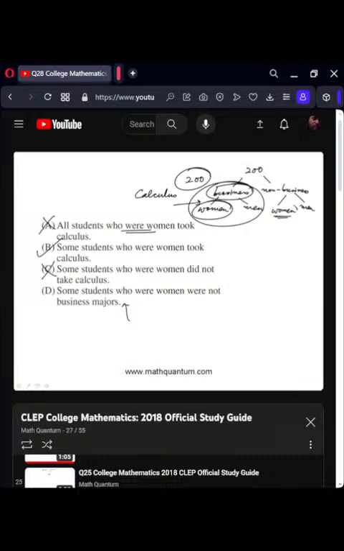We actually don't know if there are any women here. It's possible that this number is 0. So we're really left with this one. We know that some students who were women took calculus because this could be 0, so the answer is B.